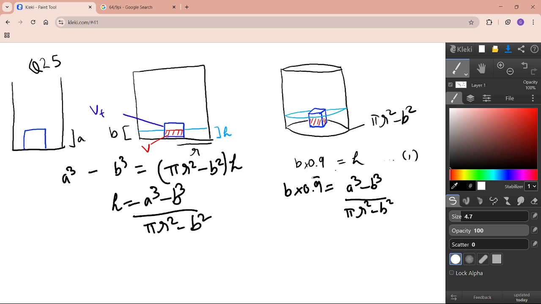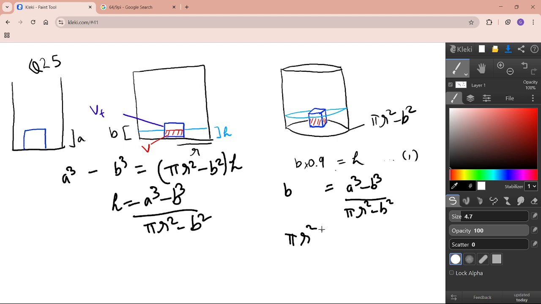They say this 0.9 is approximately equal to 1. Yeah, that's what they say. The density of ice is approximately equal to the density of water. And of course, if not given, we'll assume the density of ice to be 1. Wow, such noble actions.